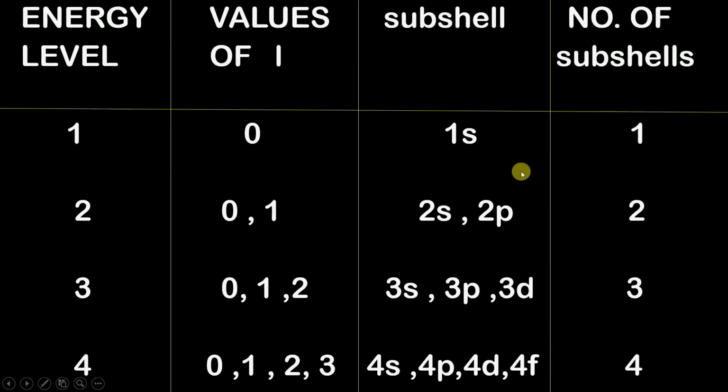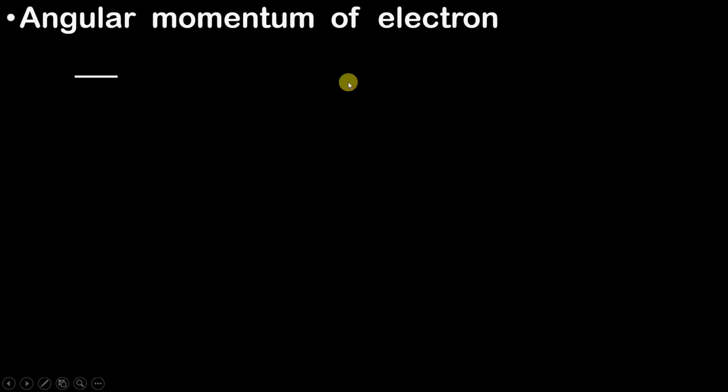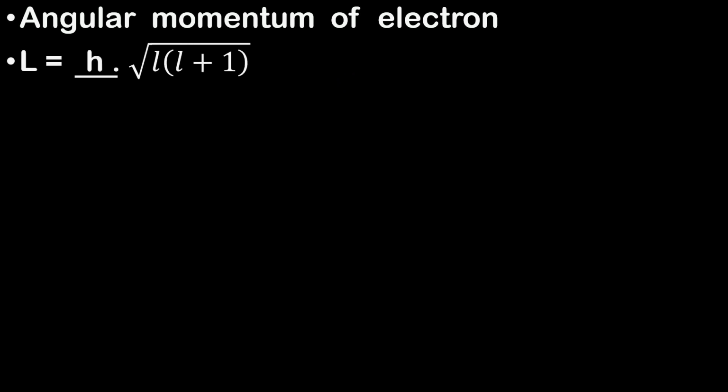Now the second use of finding the value of L is that you can find out the angular momentum of the electron which is moving around the nucleus. So if you know the value of L, you just simply have to substitute the value of L in this equation and you can find out the angular momentum of that electron.